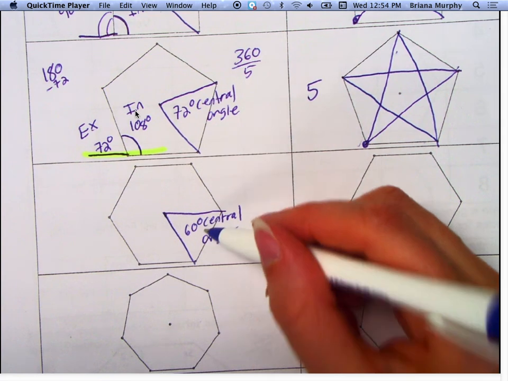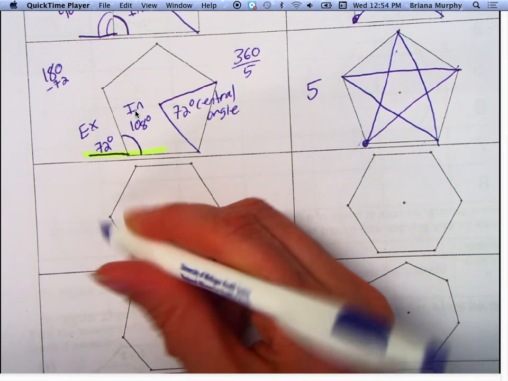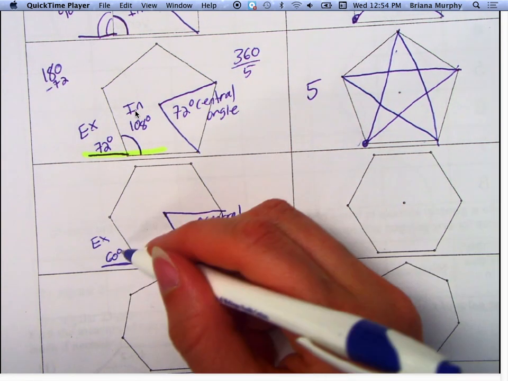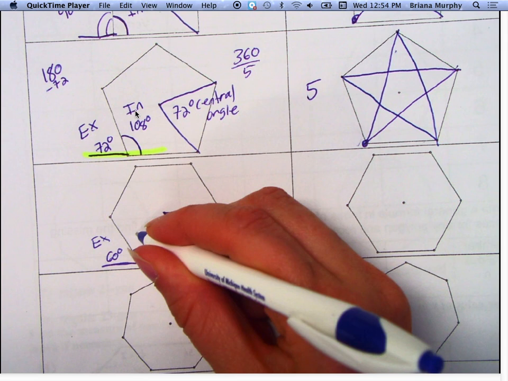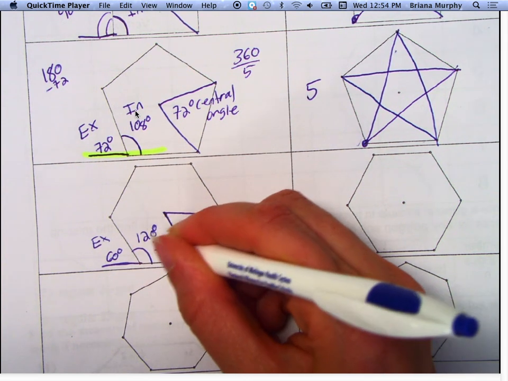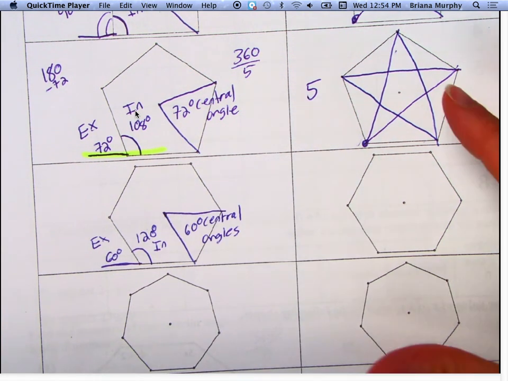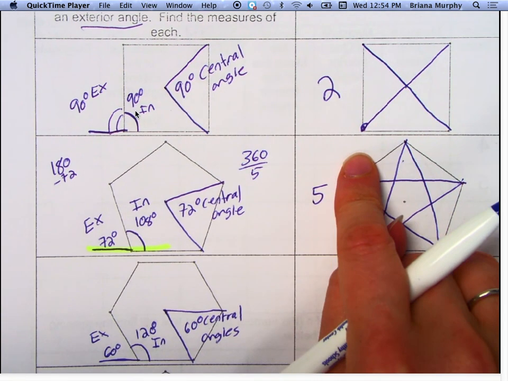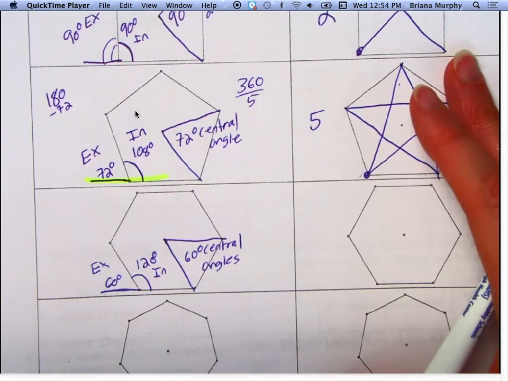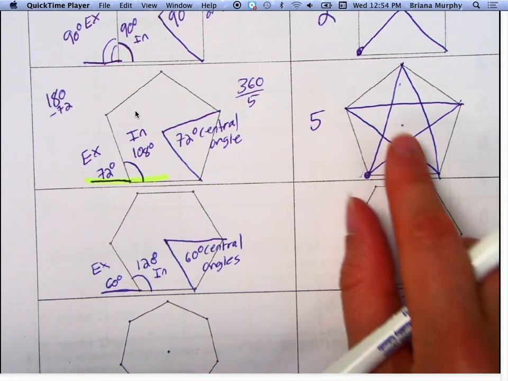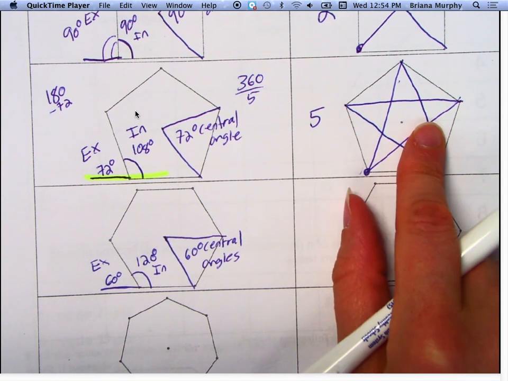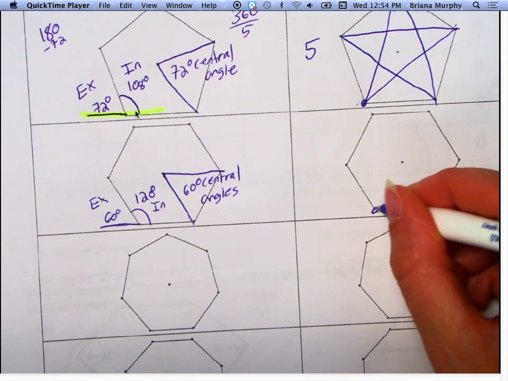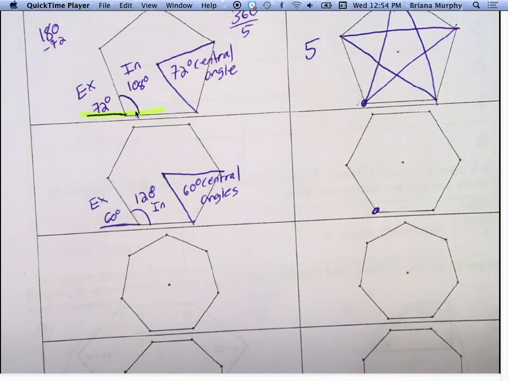Okay, that's my central angle. Right here is my exterior angle, which is going to be the same, 60 degrees. And then I go 180 minus 60, giving me my interior angle, which is 120. Now if the pentagon had two diagonals from each vertex, how many do you think is going to come from each vertice for the hexagon? 3.